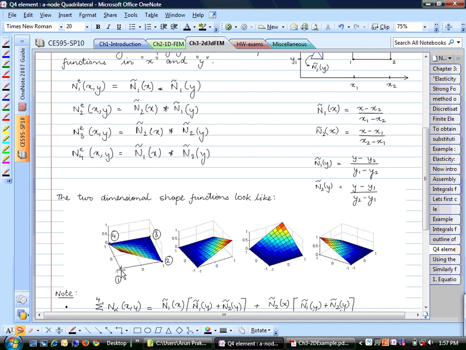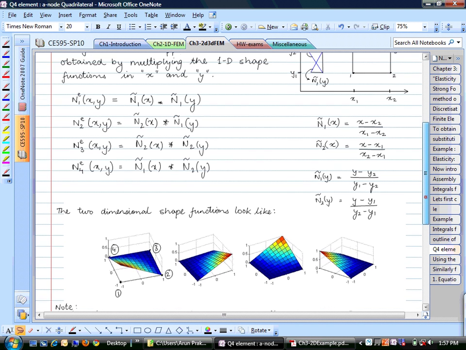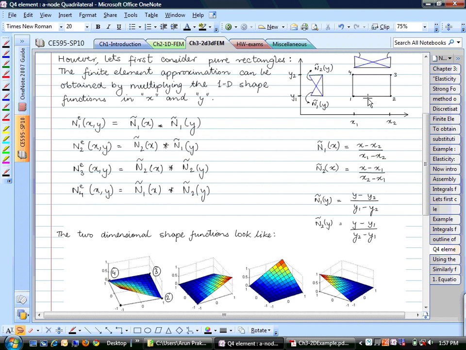On this edge, if you take that plane, the value of that function is a straight line, which is expected because this was the shape function for this edge. Similarly, on this edge, the shape function was supposed to be linear. So on these 2 edges, the shape function is linear. But within the domain, the shape function is not linear. Why? Because both of these shape functions are linear, there will be a quadratic term which will come in corresponding to x times y. So these kinds of shape functions are called bilinear shape functions.